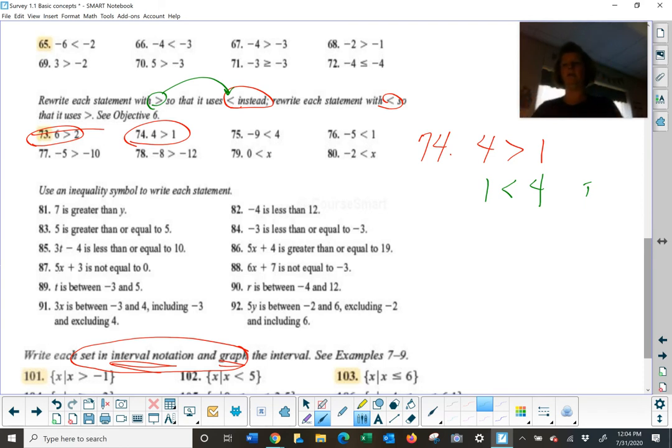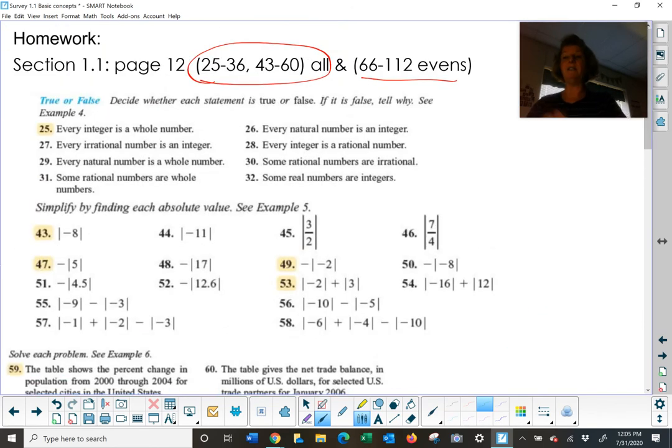Reverse the scenarios, okay? So if I reverse this one, I would say 4 is greater than -9, and I'd have a true statement. So that should be a pretty easy block. I'll slide back up to the top. You should have this on your notes though, but that is the homework. Please use a separate sheet of paper if you do not have a copy of the page that we're looking at. Good day, you guys.